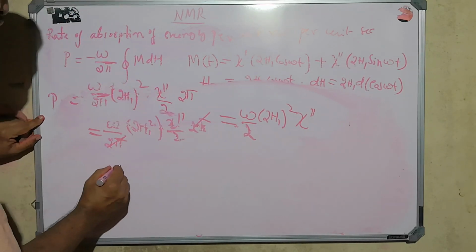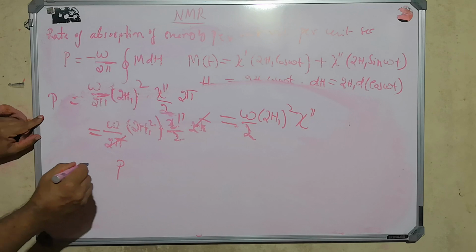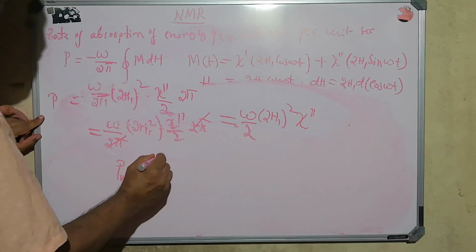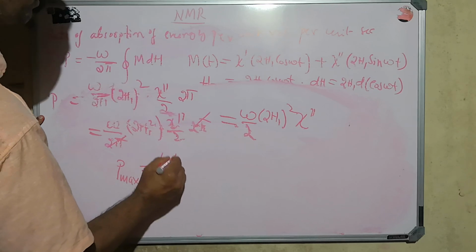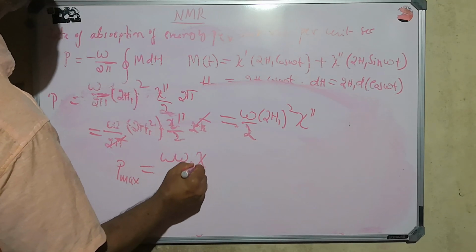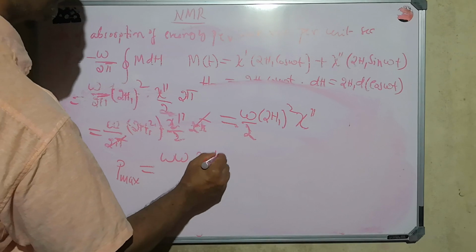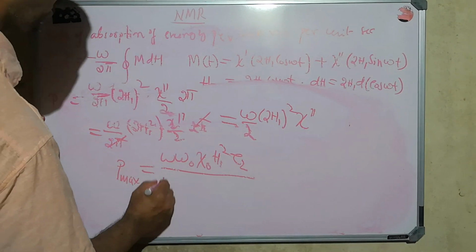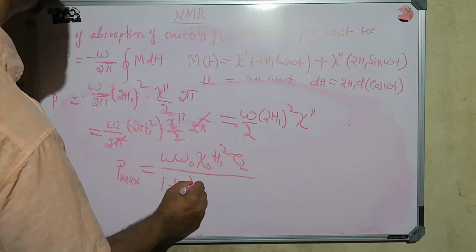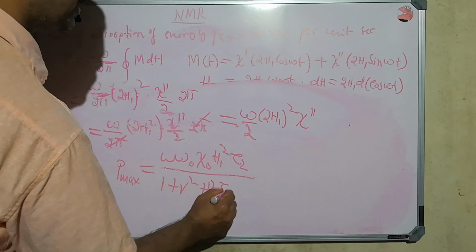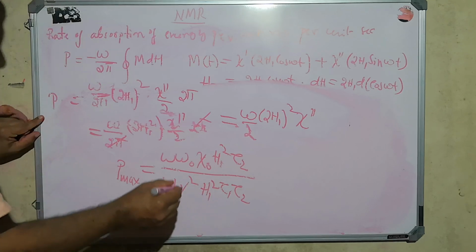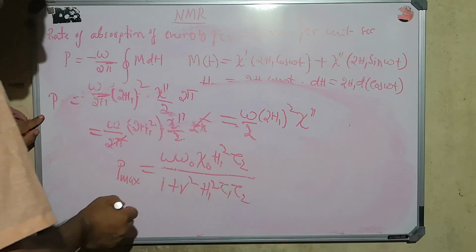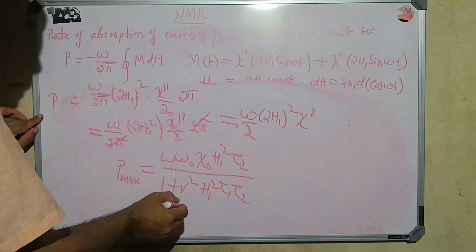Then it can be shown that at resonance, the maximum absorption of energy is equal to omega into omega naught into chi naught into h1 square into tau 2 divided by 1 plus gamma square h1 square tau 1 tau 2. Here chi naught is the susceptibility at resonance, tau 2 is the spin relaxation time.